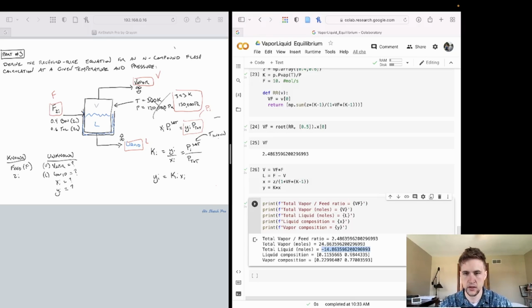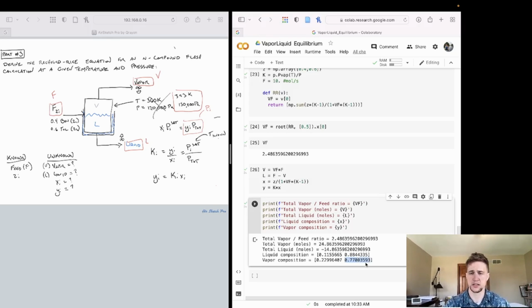And then what is also fascinating to be able to see here is that in our liquid composition, the mole fraction of our liquid components in the mixture is 0.116 of benzene existing in the liquid phase, and then 0.88 existing as toluene in the liquid phase, and then 0.22 or 0.23 is benzene, and 0.77 is toluene.